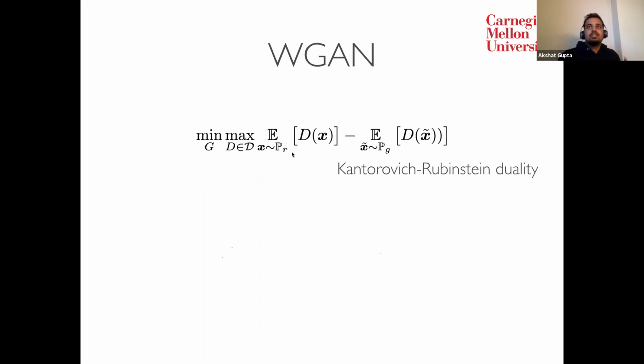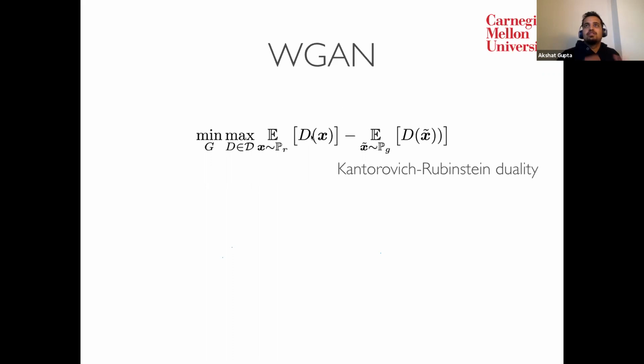So if we use this value function, this objective in GANs, instead of the one we came up with at the beginning of the lecture, the generator would essentially be minimizing the Wasserstein distance instead of the Jensen-Shannon divergence. And that makes all the difference.